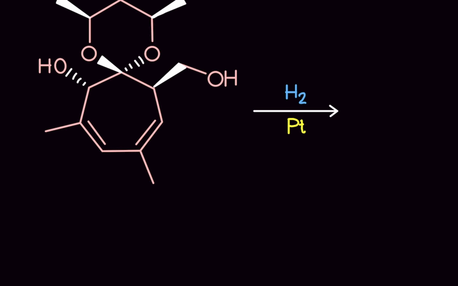So we could have these hydrogens on wedges and these hydrogens on wedges. We could have these hydrogens on wedges and these on dashes. We could have these on dashes and these on wedges. Or we could have these on dashes and these on dashes. I know it's crazy.